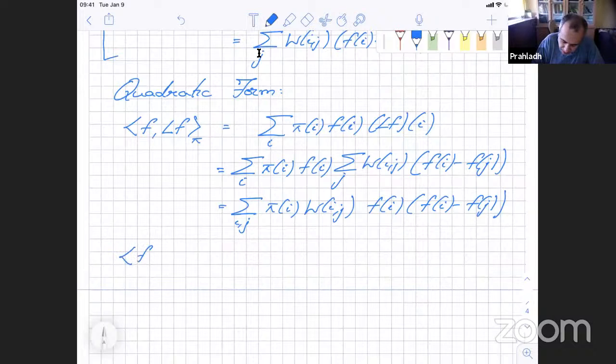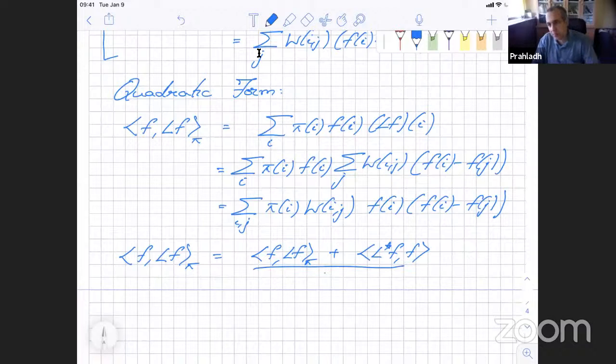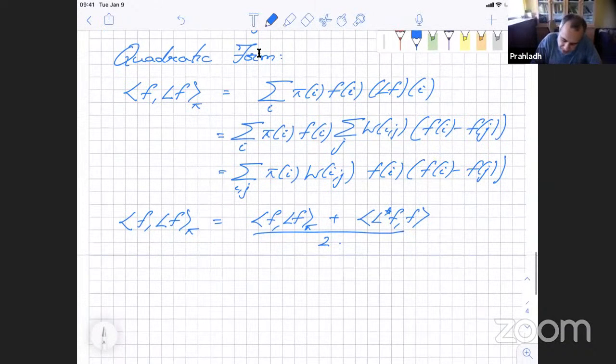So FLF pi certainly can be written as FLF pi plus L star F pi by 2. The adjoint has this property. The adjoint is just this one, and so I can write this. So let's for now just write down what L star FF is. This is the same because of symmetry.